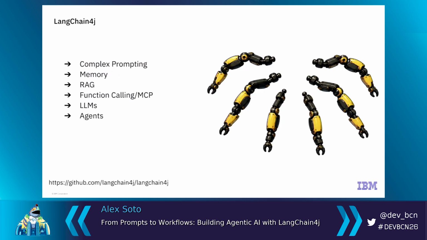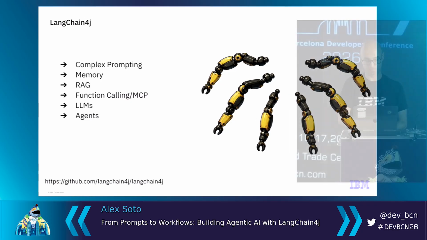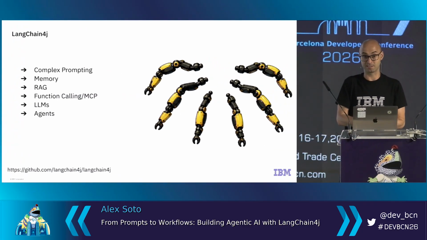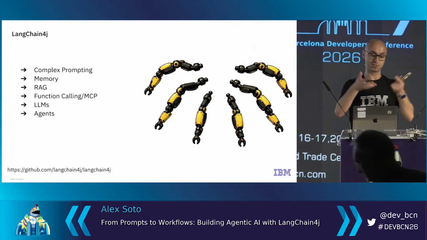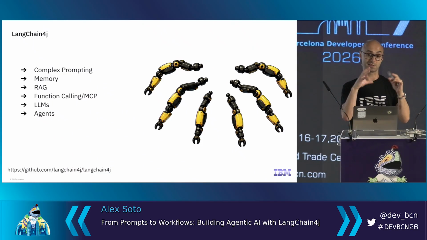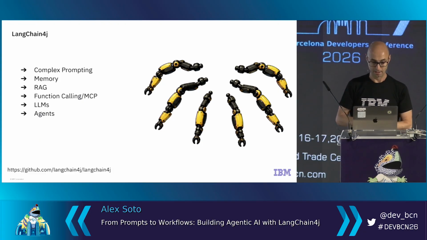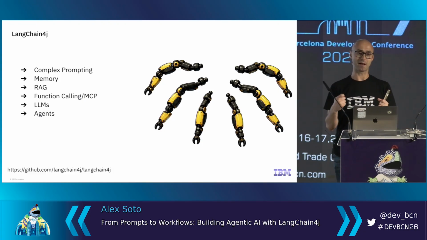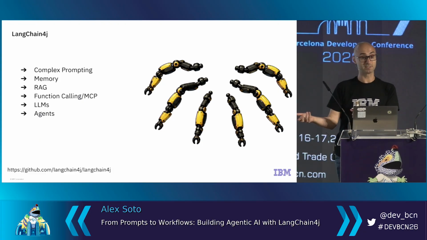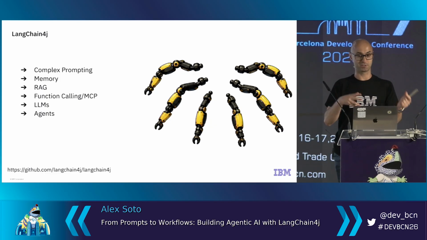So for that reason, what we've got is LangChain4j, which I like to say is like Hibernate, but for models, okay? Basically, it lets you, first of all, create complex promptings, system messages, user messages, and templates. It also manages all the memory stuff. We know that models are stateless, so we need to provide some context, some memory of our conversations, right?